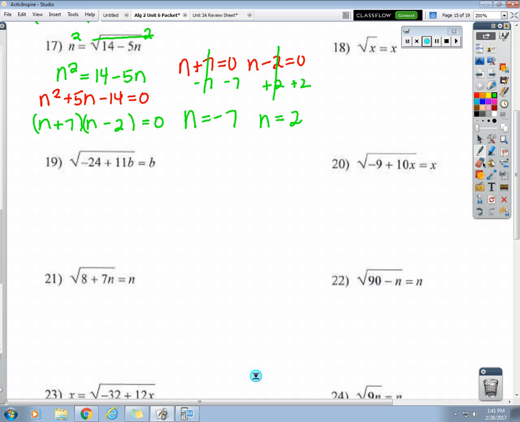Yes. Okay, but now let's check these. In your calculator, go ahead and plug in negative 7 for both n places. Well, you obviously don't plug it in this one, but plug in a negative 7 right there and type that in.